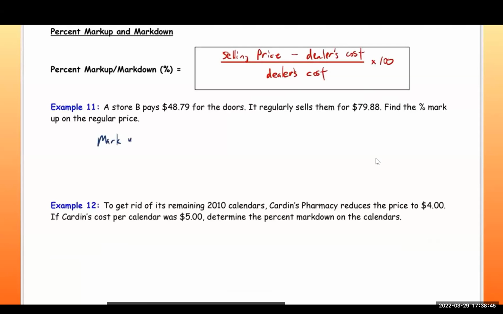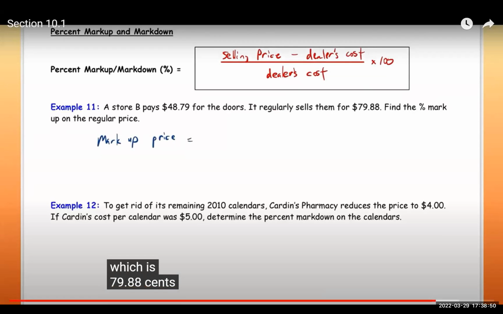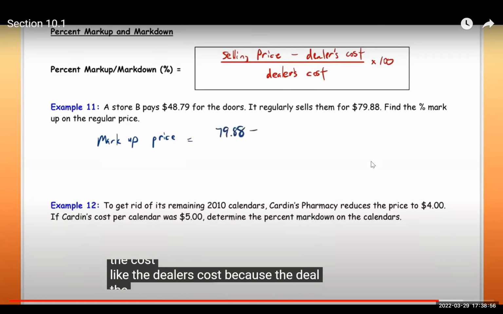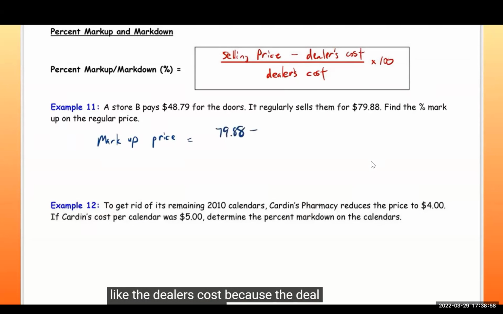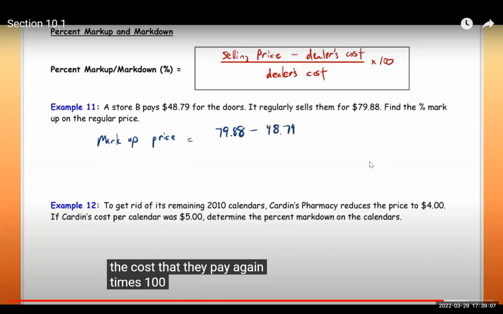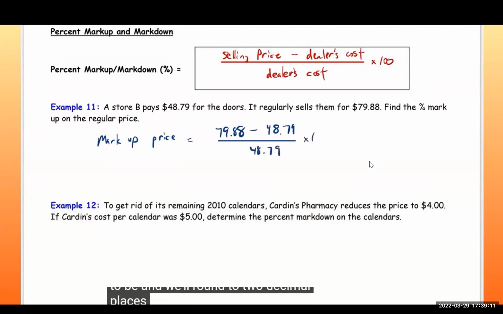It's going to be the selling price, which is $79.88, minus the dealer's cost, because the store pays $48.79, so that's the cost that they pay, divided by the cost that they pay again, times 100. Let's see what that turns out to be, and we'll round to 2 decimal places, because we want to round to the nearest cent.